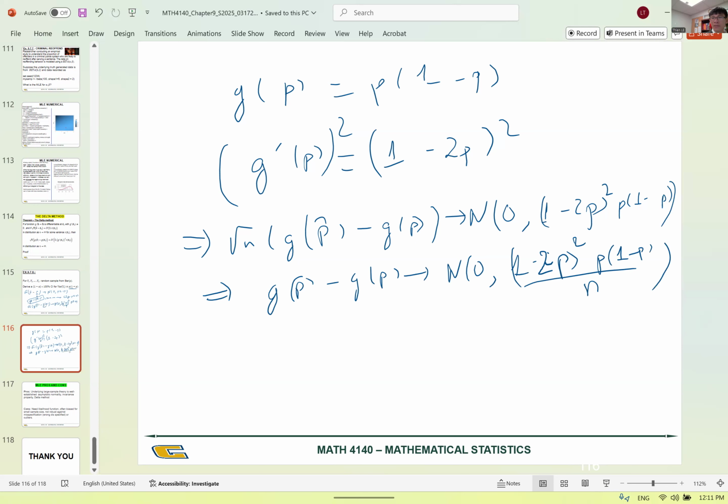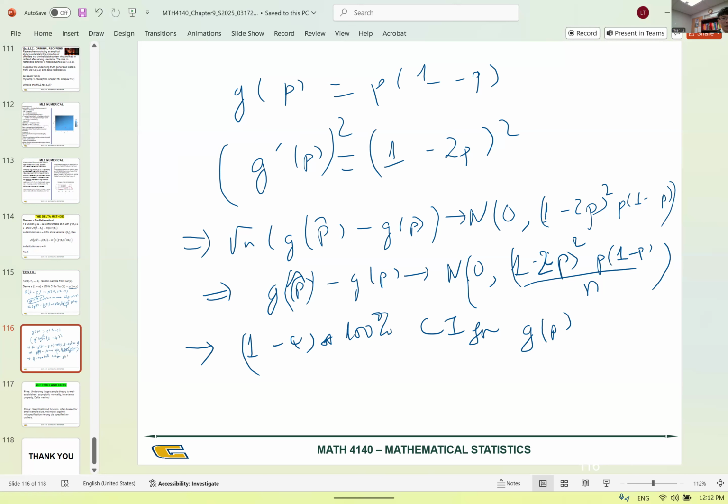Now things are in a nice shape, which means you can use the 1 minus alpha times 100% CI for g(P).